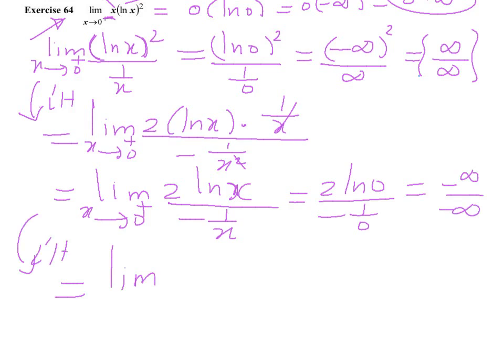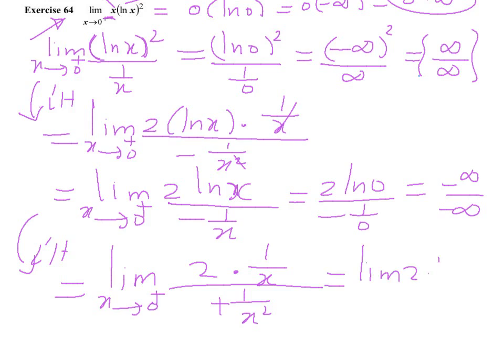Differentiate the numerator, which is 1 over x. Differentiate the denominator, which is plus 1 divided by x squared, when x approaches 0 from the right. This has to be simplified, obviously. So 2 times 1 over x times x squared divided by 1, when x approaches 0 from the right.